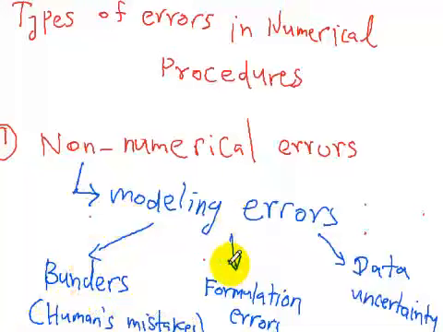Let's now talk about formulation errors. Here we actually use a model that we know does not represent reality. For instance, when you model a real world problem, you may neglect to include a significant parameter in your model.